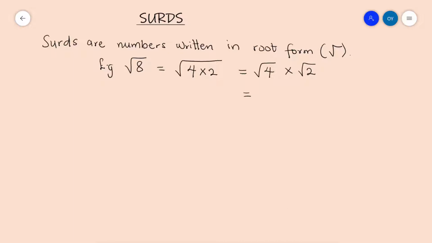The square root of 4 is 2, multiplied by the square root of 2, and this is 2 root 2. So the square root of 8 can be written as 2 root 2.